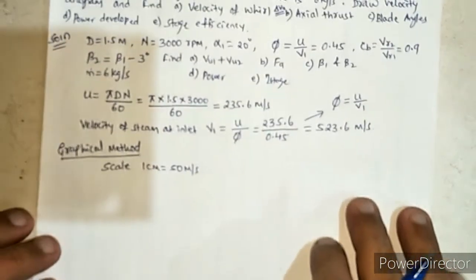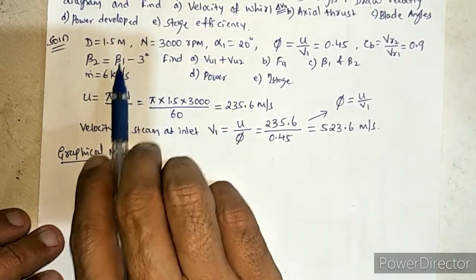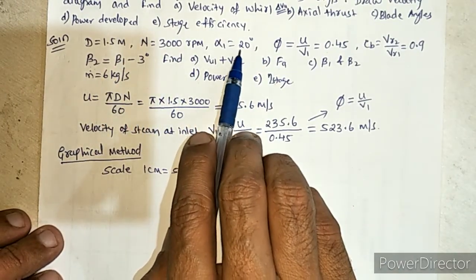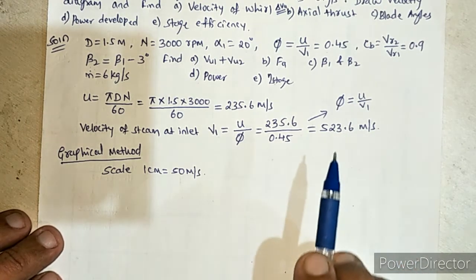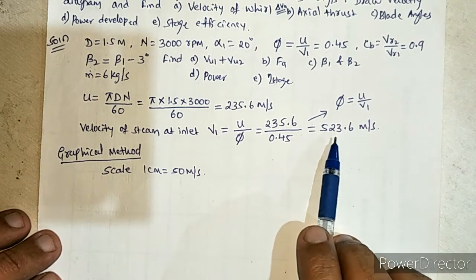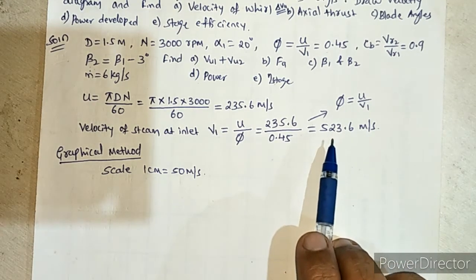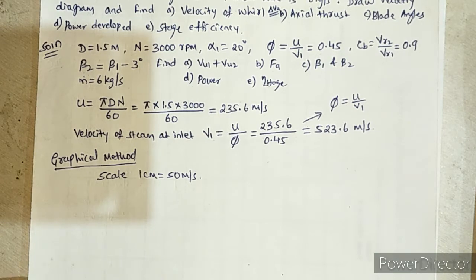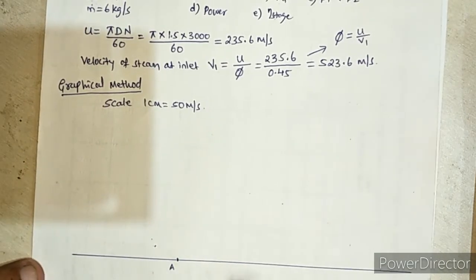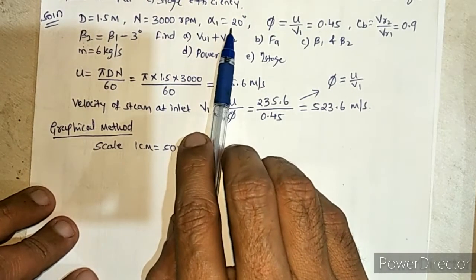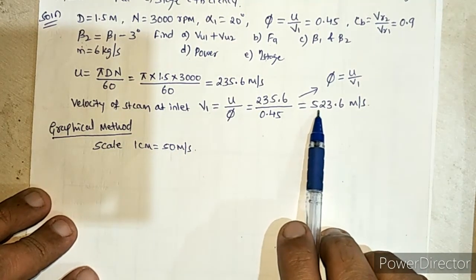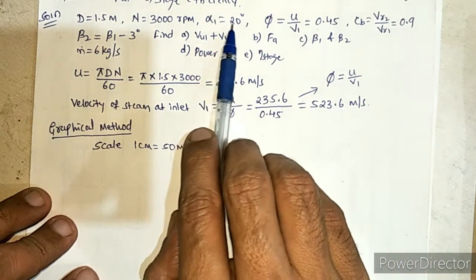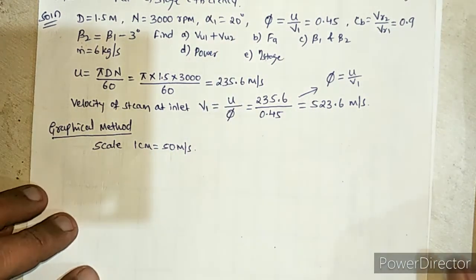So this is point A. So here in the problem alpha 1 is given, right? Alpha 1 is 20 degree here, and we also know the value of v1. v1 is 523.6, right? So I have drawn a horizontal line and I have located point A here.